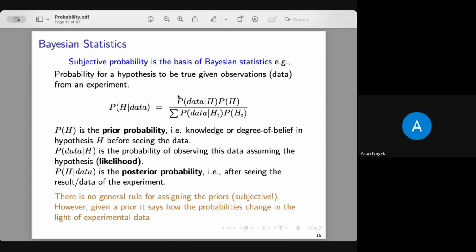We have this equation which comes from Bayes theorem, but we usually do not have any general rule for assigning the prior to the hypothesis, as this is very much subjective. But what all this tells is that given a prior, or given your belief, you can calculate the posterior probability in light of the data.